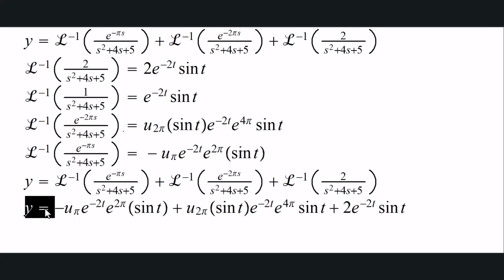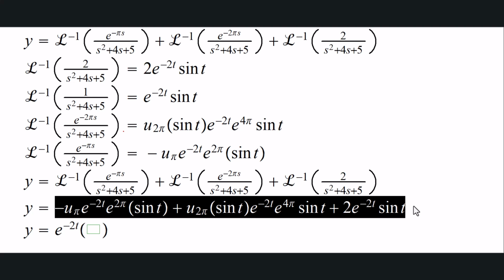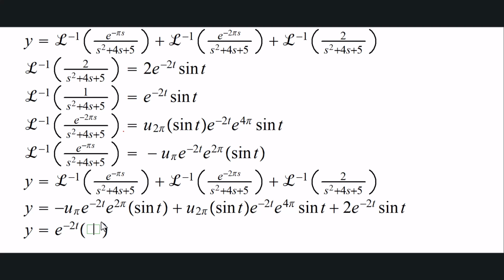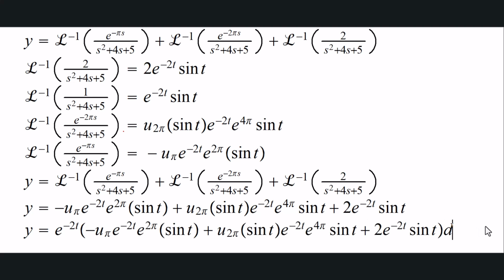We can take e to the negative 2t times sine t out as common, or let's put the sign on the other side. So this whole thing is out. Then here we have sine t out, and here we got these out.